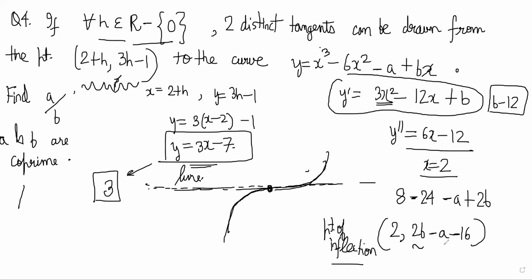But from any other point on the line, you can draw two tangents. One tangent is this, one tangent is this. But at this point, you can draw only one tangent.